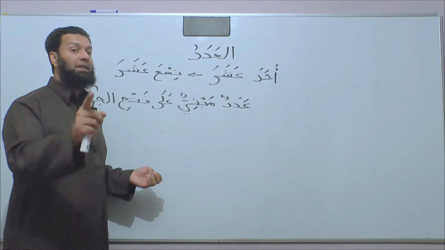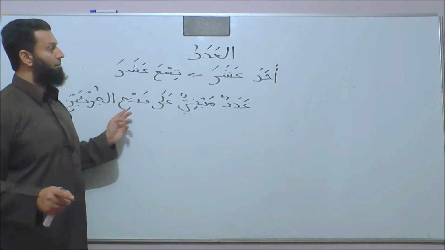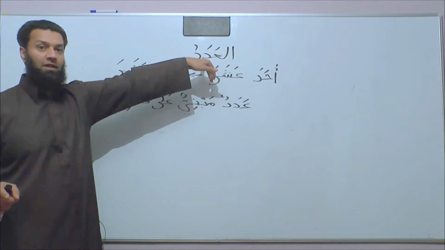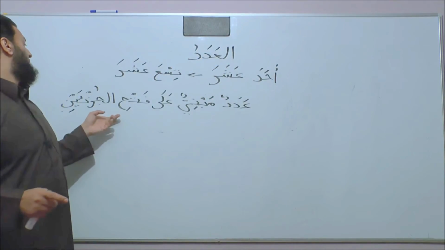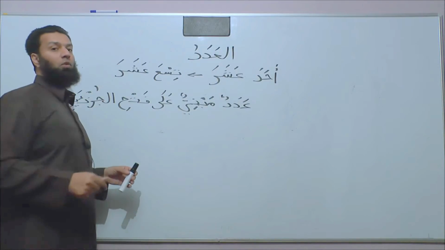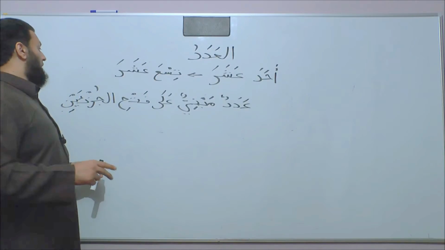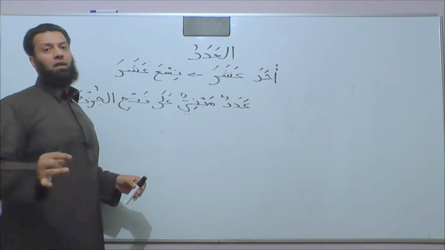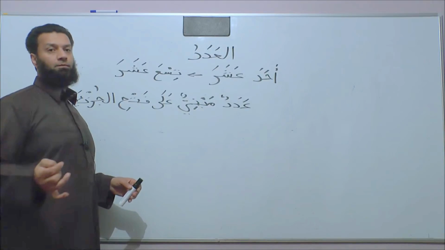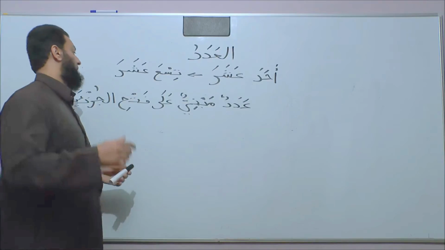Because remember, we always say what it's fixed upon. Mabniyun ala fathi, because you can see there is a fatha. Ala fathil juz'aini. Juz'aini means the two parts. So both of them have fatha, so the two parts are fixed upon fatha, as you can see, they end with a fatha.